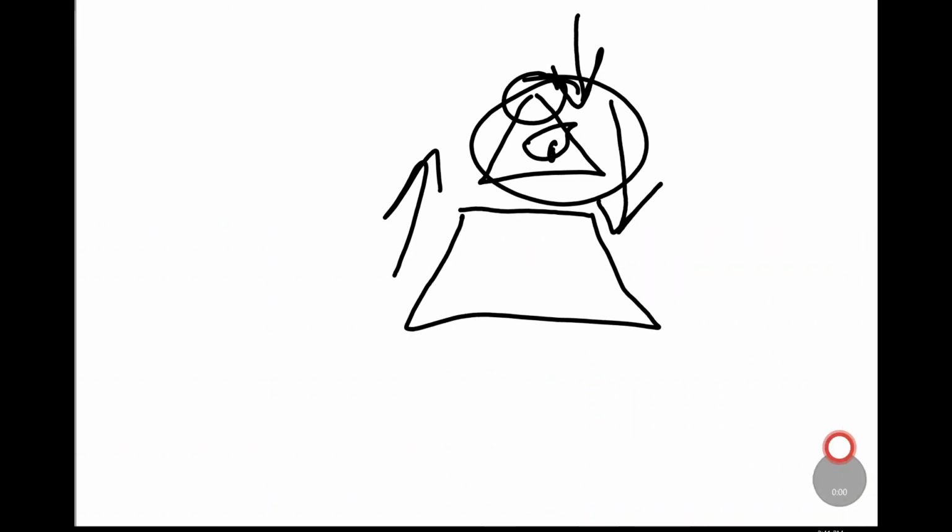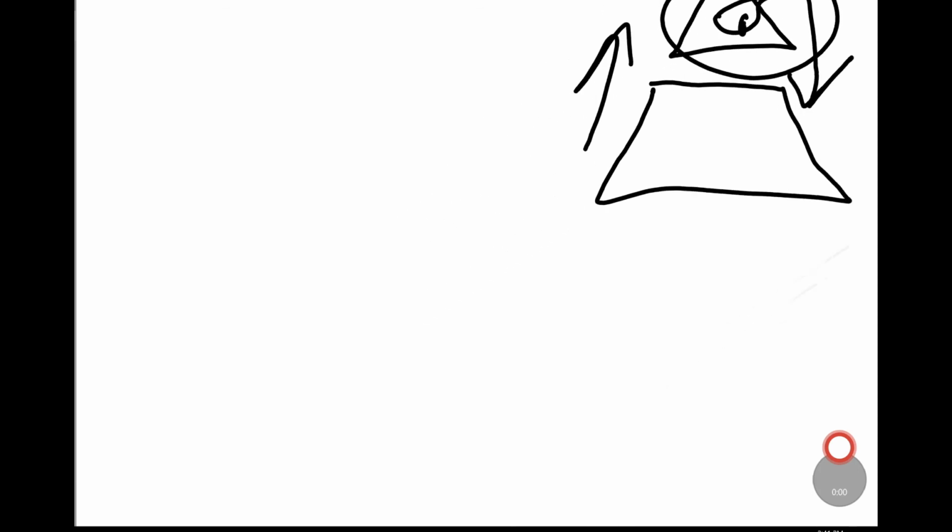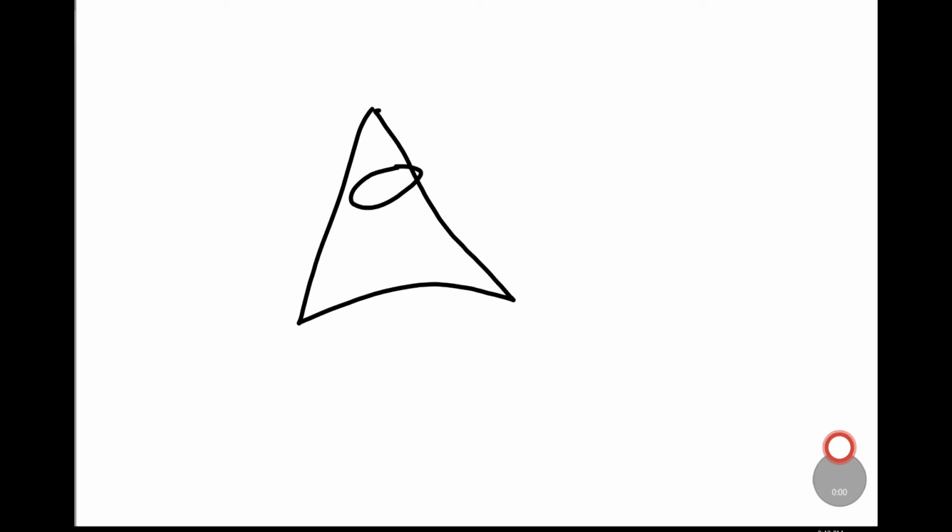Do you understand? And this is how you read a symbol. It's a sentence. There's no such thing as me saying this symbol equals evil.